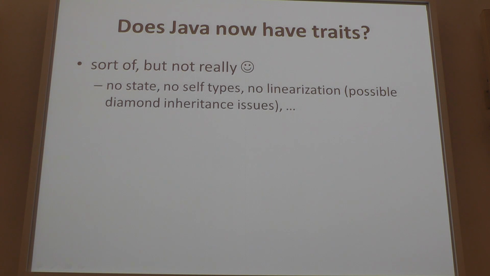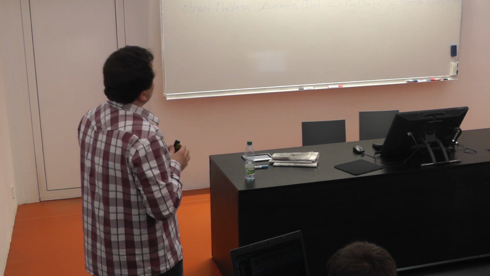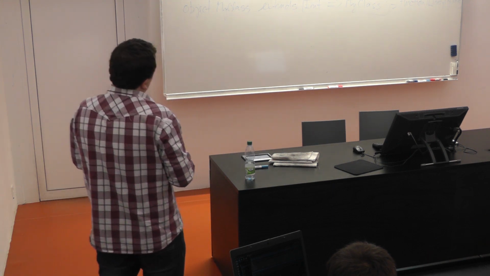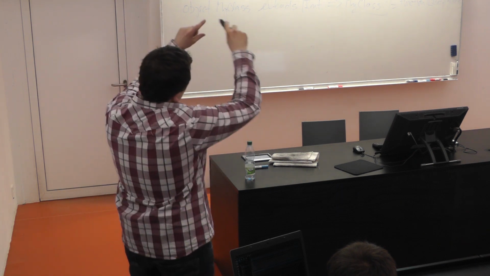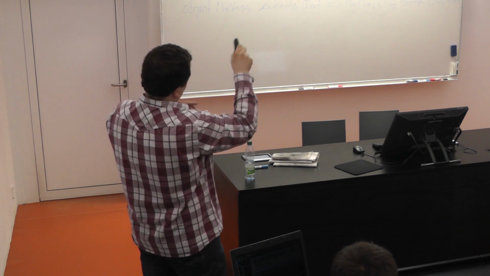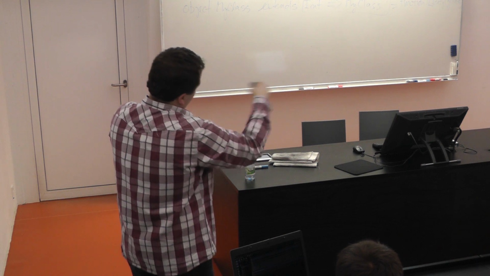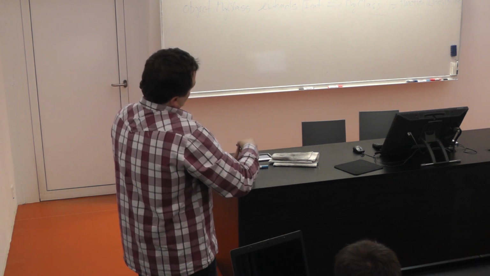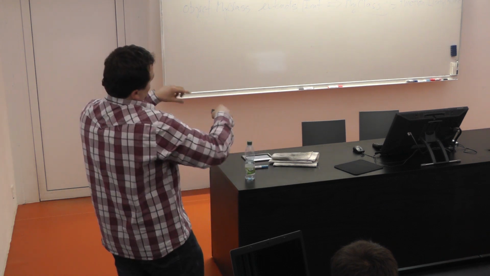Maybe you know the diamond inheritance issue from C++ that has multiple inheritance, and the classic problem where you have one common superclass. Then you have two subclasses that both extend this superclass and they implement the same method. And you have a bottom class here that extends both these classes.